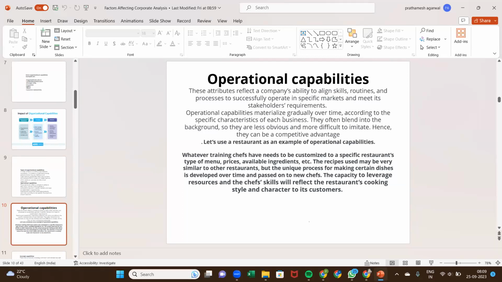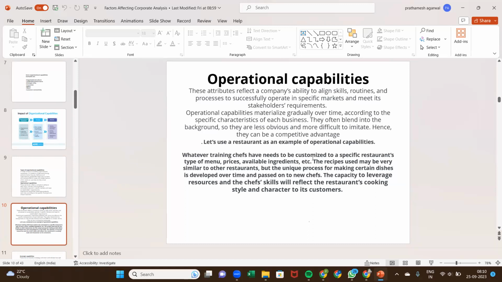Then operational capabilities materialize gradually over time according to the specific character of each business. As I said, each business is different. Each organization works in a different way. They often blend into the background, so they are less obvious. All these capabilities are associated within the organization.